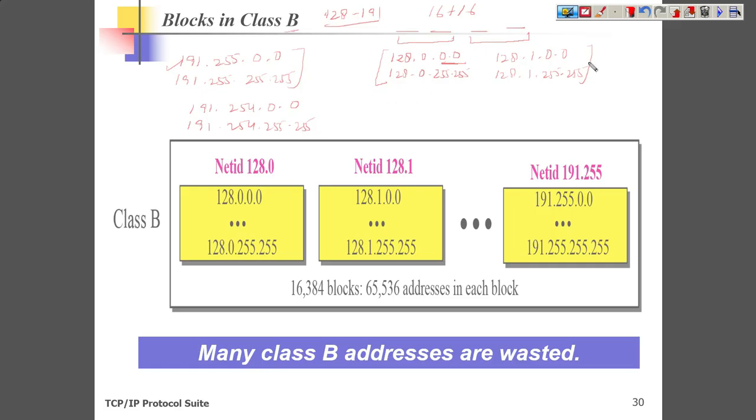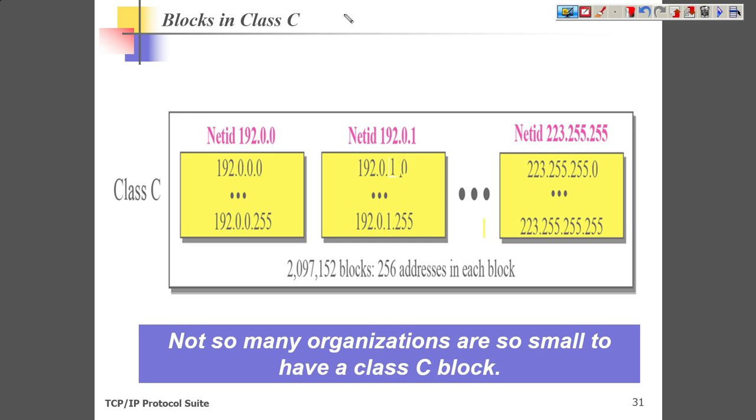Let's look at the class C blocks. Class C is defined in the range 192 to 223 and the distribution is 24 plus 8. That means out of the four octets, three are for the network ID and one is for the host ID. So we start from 192.0.0.0. This is your network ID, and this is the host ID.